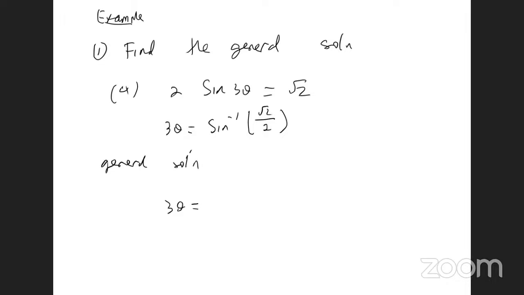3 theta is equal to n pi plus minus 1 to the n of alpha. So you have to work out alpha.